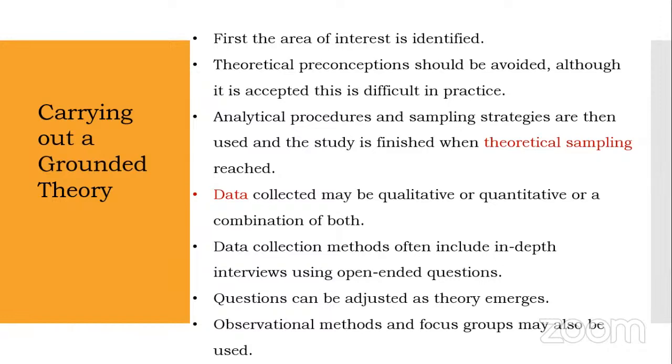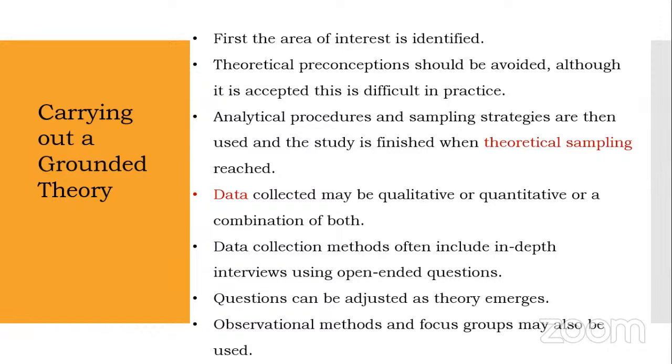Next, analytical procedures and sampling strategies are then used, and the study is finished when theoretical sampling is reached. We will shortly discuss what theoretical sampling is. So after the data collection is done, certain analytical procedures and sampling strategies will be used.